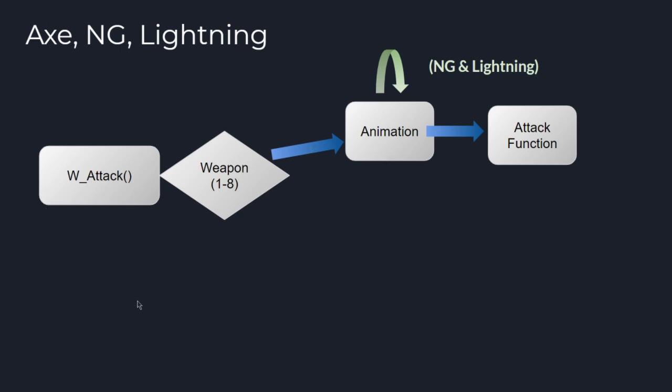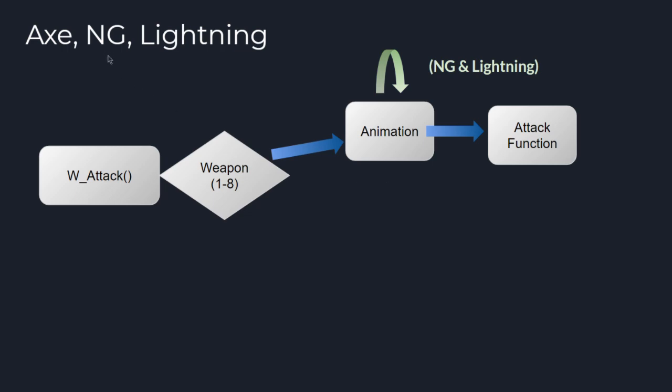The axe, every single time you attack, it starts the attack. It checks, do you have the axe? Yes, you do. Trigger the axe animation. The reason for that is that the actual attack doesn't happen until several frames into the animation because there's the wind up of the axe. So to make that timing work well, weapon attack does not trigger the attack function. That is actually done via the animation.